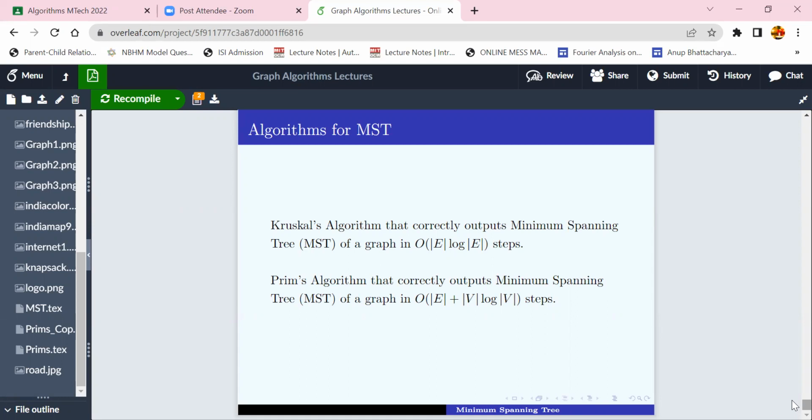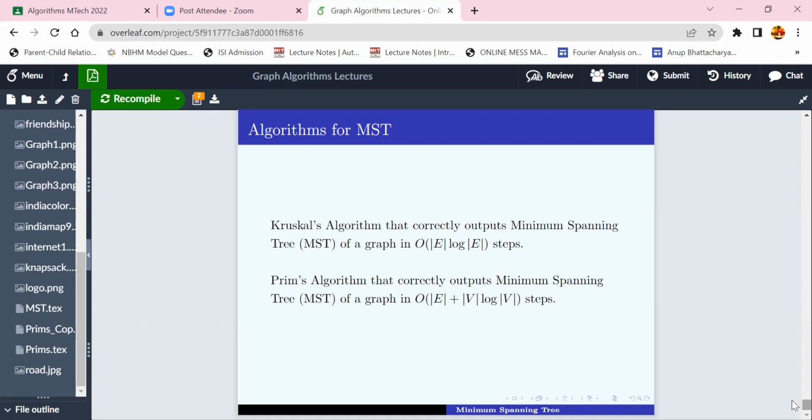In Kruskal's algorithm, we are forming a forest by adding edges, and finally we get a tree, and from there we argue that this is actually a minimum spanning tree by the way we have proceeded.